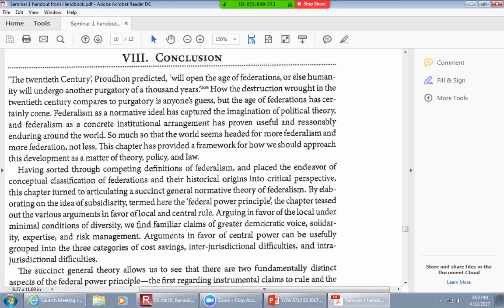Or solidarity. Okay. Now you'll end up finding it difficult not to discuss solidarity when you discuss subsidiarity in your paper, because really they are very related terms. Okay. And solidarity would be something that has to do with intra-jurisdictional cohesion, if you like, or harmony, as we talked about it earlier.